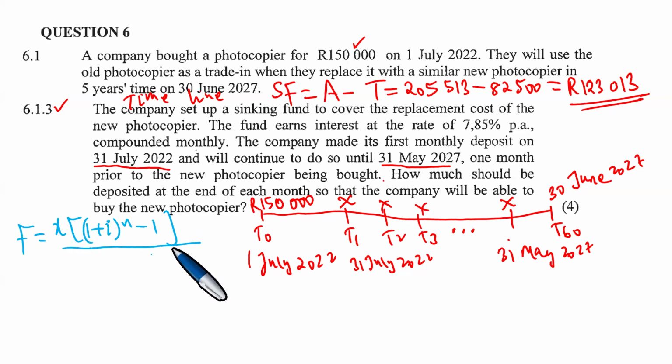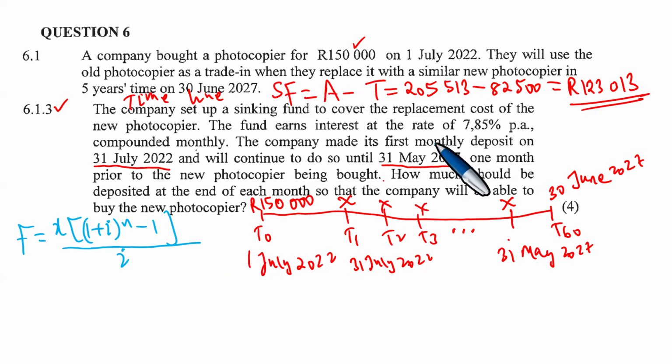Okay, this becomes a future value annuity formula. F for the future value is X open bracket 1 plus I to the nth power minus 1, divided by I.